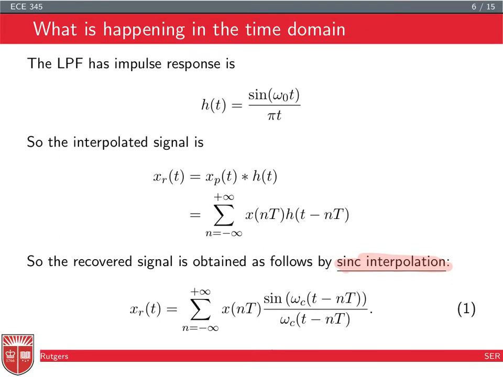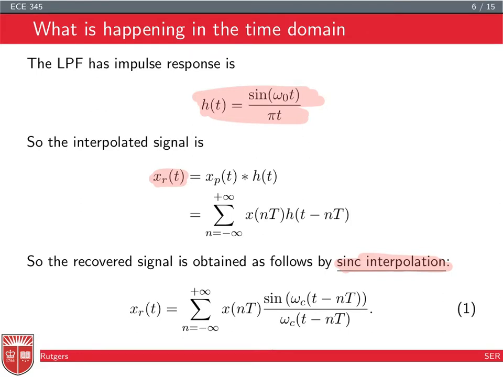So the low-pass filter with cutoff frequency omega 0 is given by the following impulse response: sine omega 0 t divided by pi t. Now the recovered signal xr of t: you're multiplying your sampled signal by the frequency response of the low-pass filter. So that's a multiplication in the frequency domain, which in the time domain is going to be a convolution.